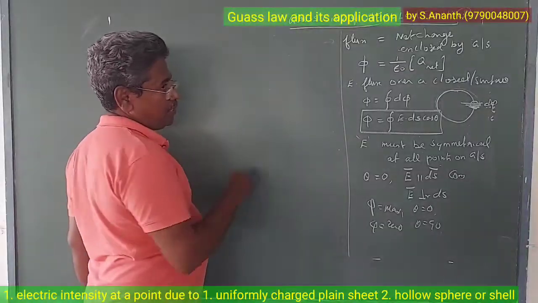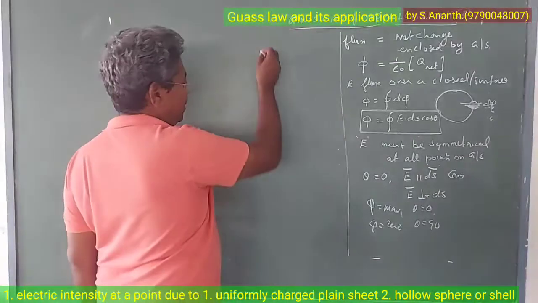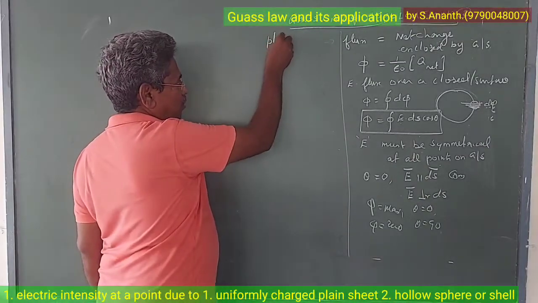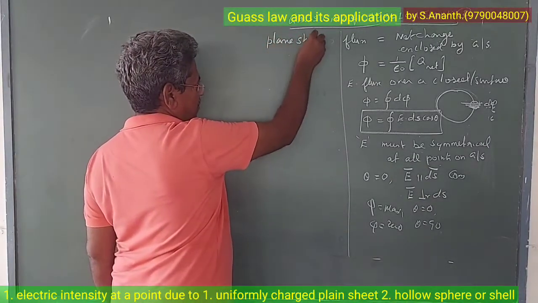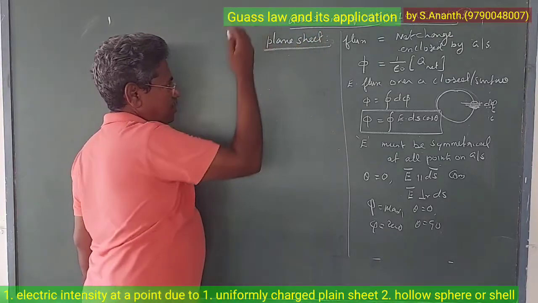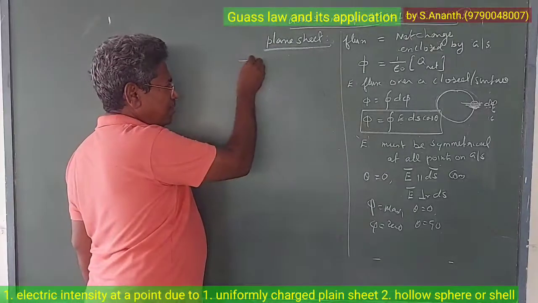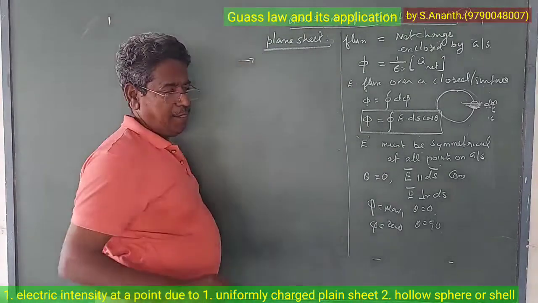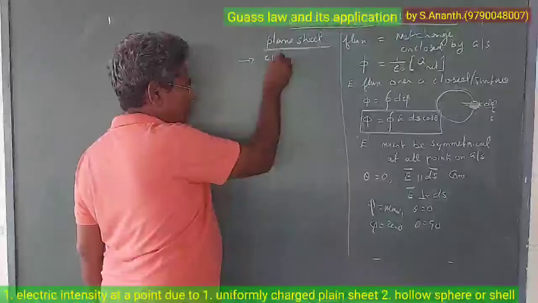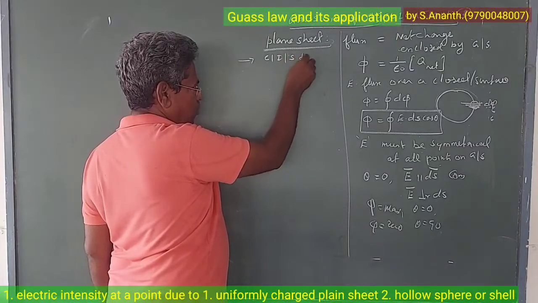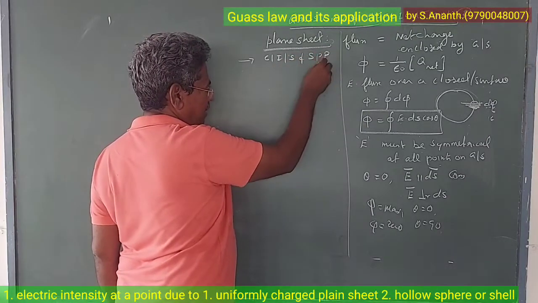Second one, suppose I am going to find out the electric field at a point due to a uniformly charged plane sheet. Using Coulomb's inverse square law and the superposition principle is very difficult.